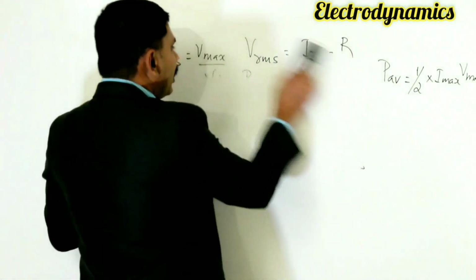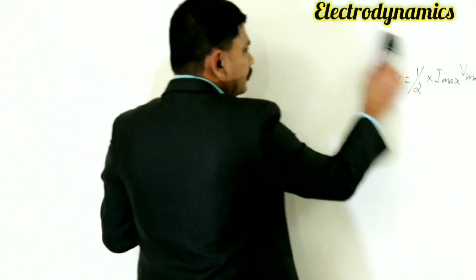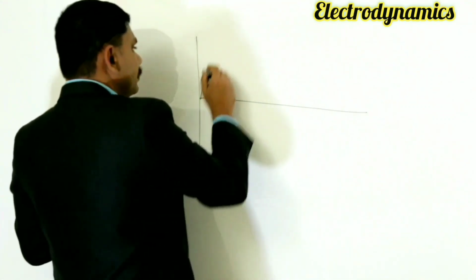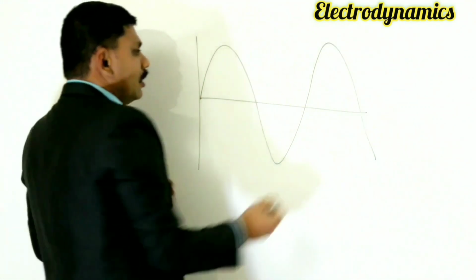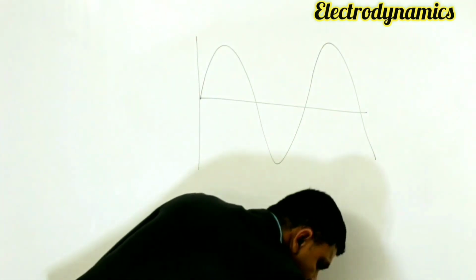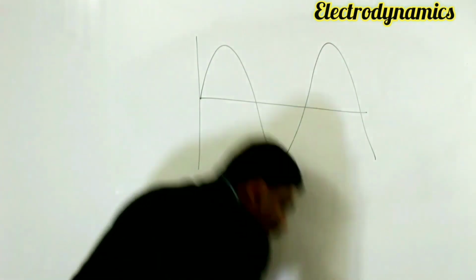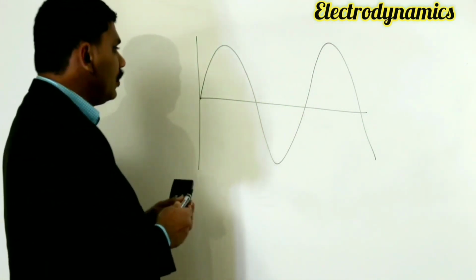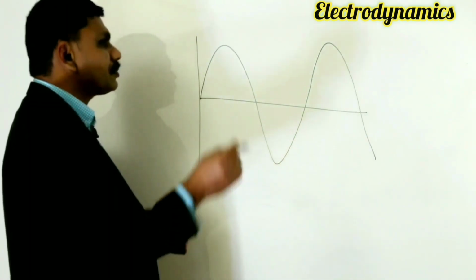Then different types of questions can be asked if the wave pattern is given like this. How will you calculate different quantities if the wave is given like this?